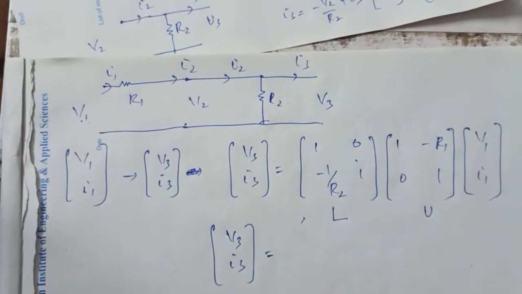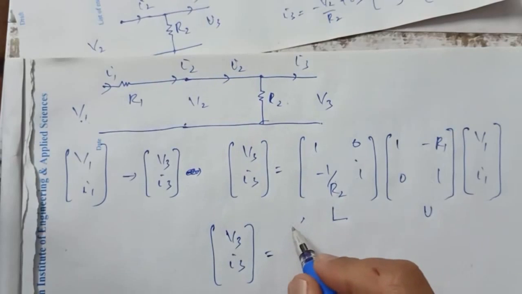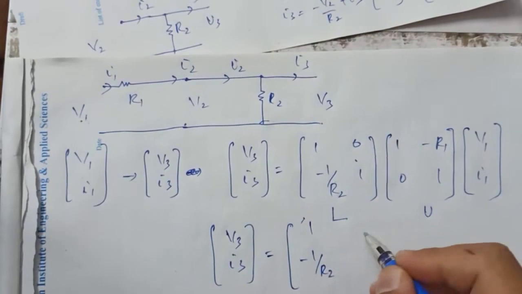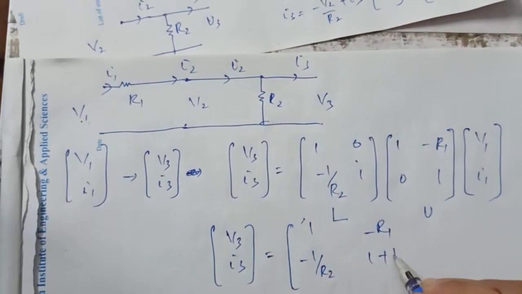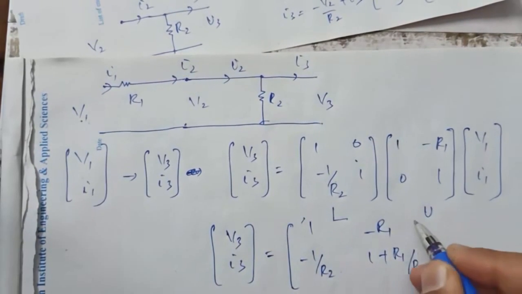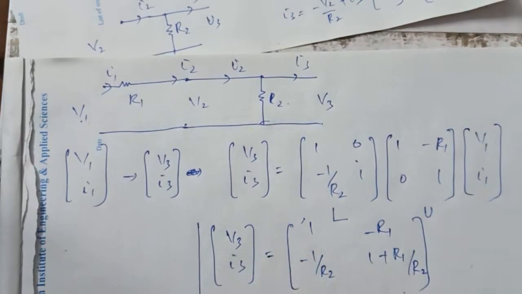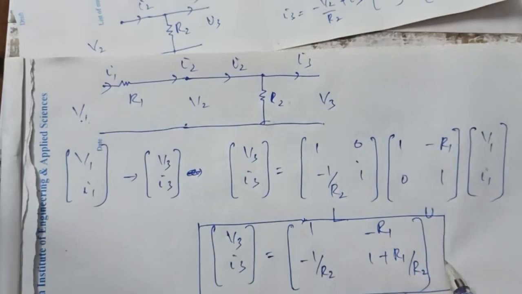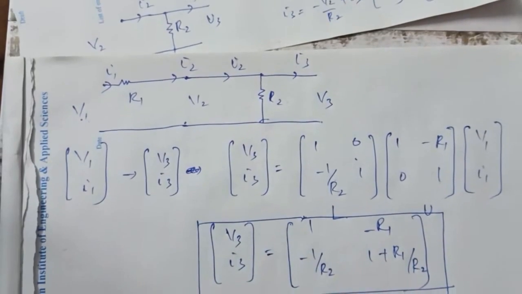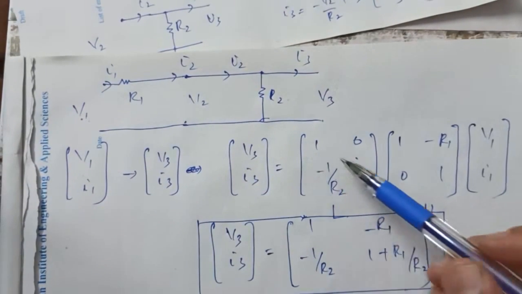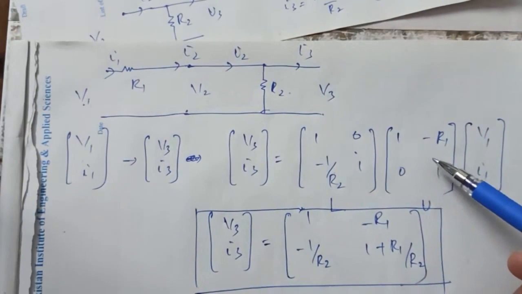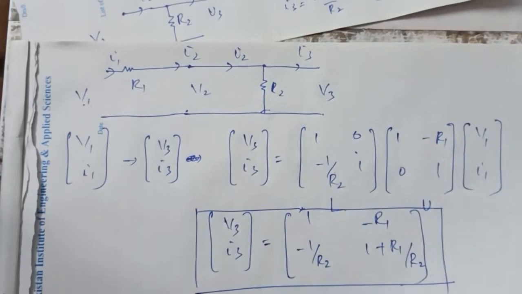The product can be written as 1, minus R1, minus 1 over R2, 1 plus R1 over R2. So we generally see that the series circuit produces an upper triangular form, and the shunt circuit produces a lower triangular form.